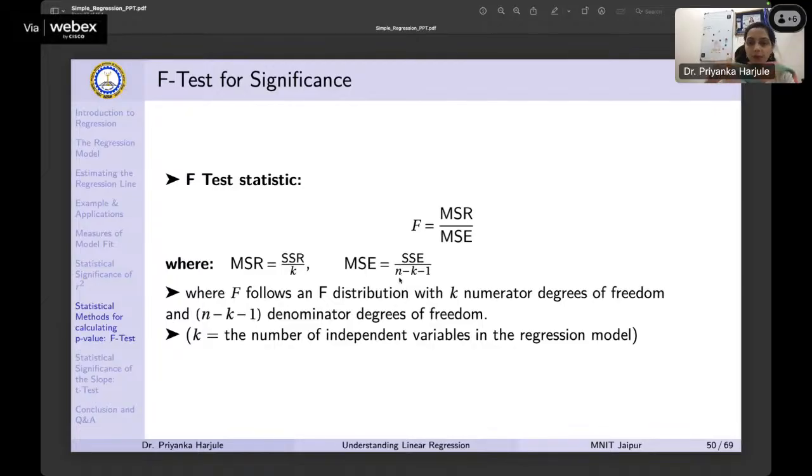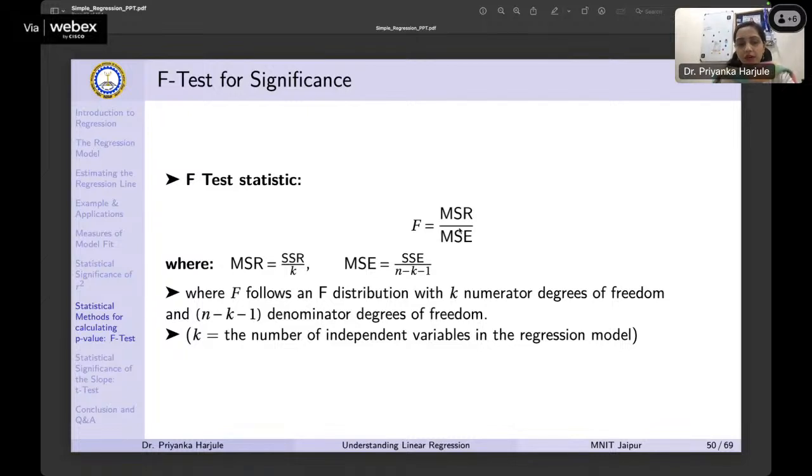So n is the number of observations in your data, and k is the number of independent variables. This is your F statistic formula, and this F follows the F distribution with k numerator degrees of freedom and n minus k minus 1 denominator degrees of freedom.